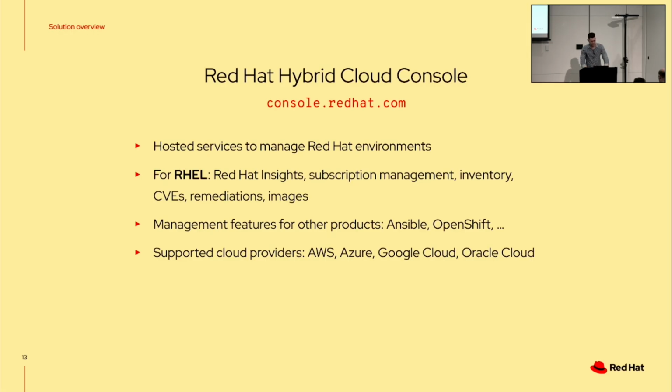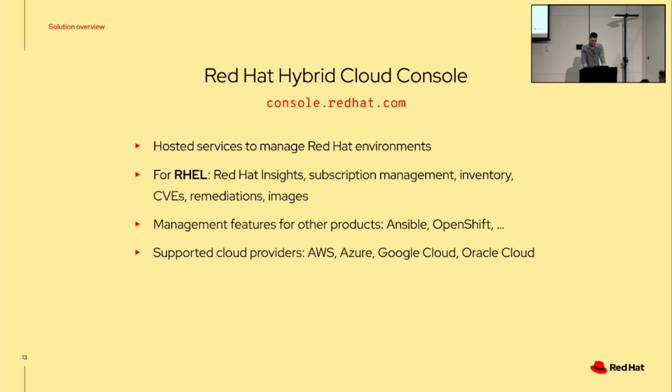So Red Hat Hybrid Cloud Console is at console.redhat.com. It's a suite of hosted services to manage Red Hat environments. For RHEL, Red Hat Enterprise Linux, we have Red Hat Insights, which gives you analytics and auditing, CVE tracking, all of that sort of thing for your enrolled RHEL machines.